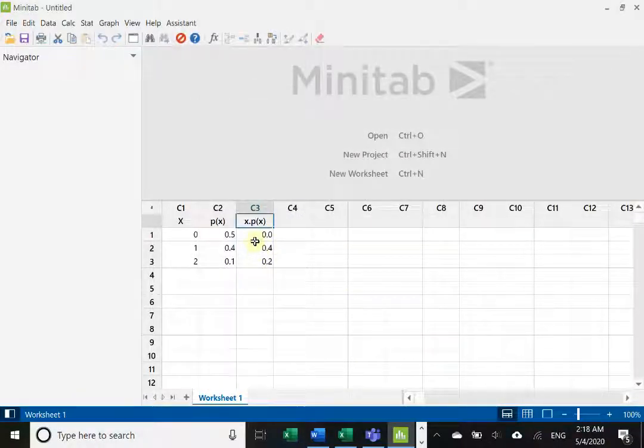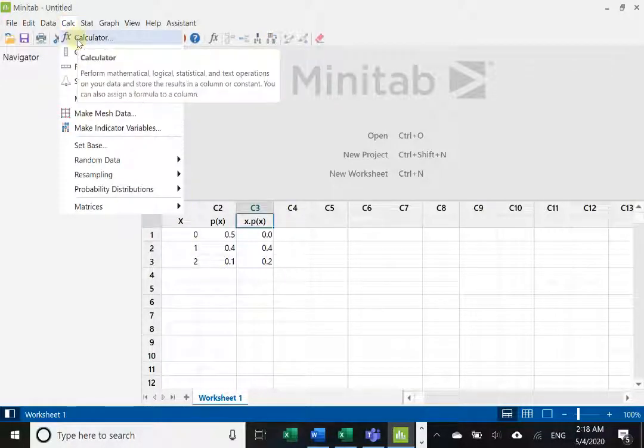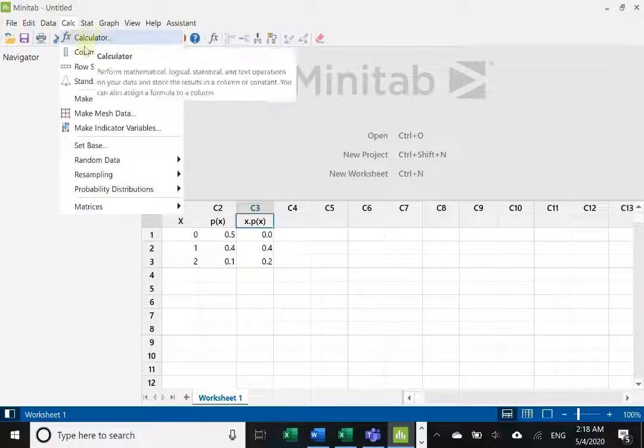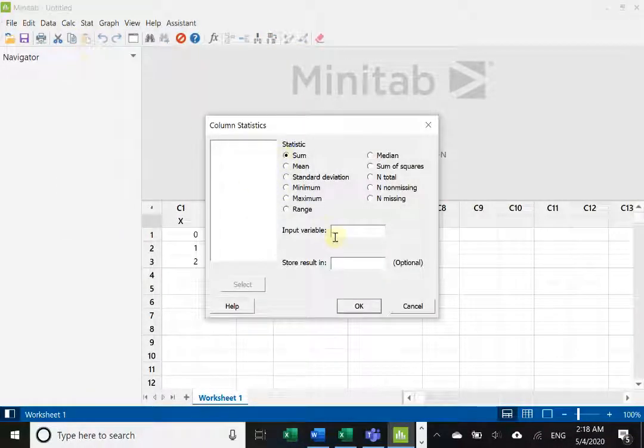Okay, now let's calculate the mean in here. For the mean I'm going to go calculator. Oh, actually, let me go column statistics. We're going to calculate the sum. Now, input variable is going to be what? XPX, right? That's the variable we want to add in that column.